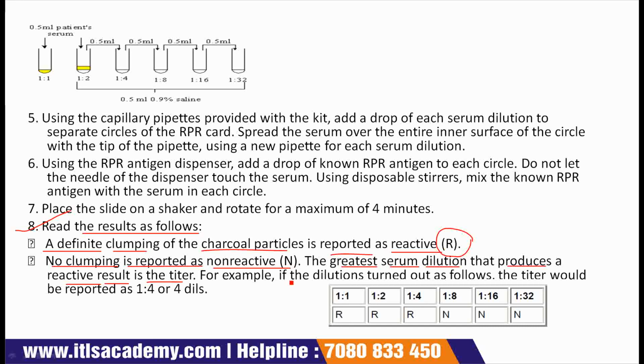For example, if the dilutions turned out as follows, the titer would be reported as 1:4 or 4 dilutions. You can see the reactive are 1:1, 1:2 and 1:4, while the non-reactive titers are 1:8, 1:16 and 1:32.